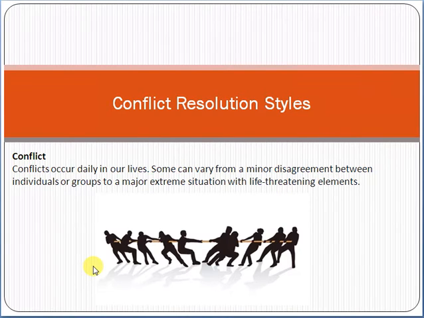See, what is conflict? It means disagreement between individuals or groups of people. Another very common example of conflict is that two countries are saying that a particular territory belongs to their country, and both countries are saying that this territory is a part of their country, and the other country cannot go there because it is their territory.